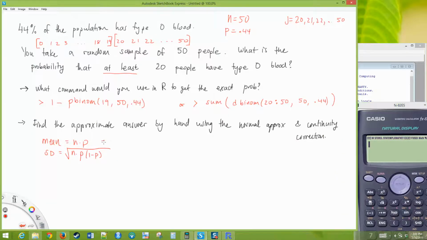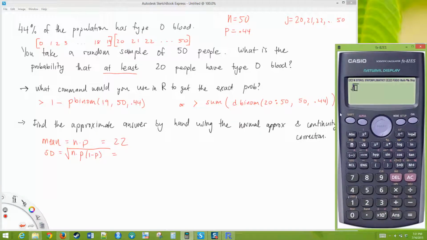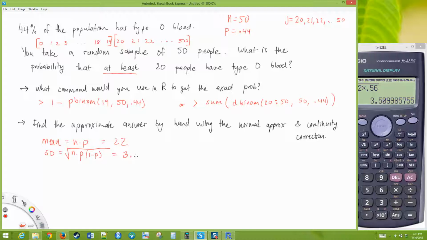So my mean, I get 22, and over here I have to get the square root of 22 times 0.56. I get 3.50998, so I'll just say 3.51.